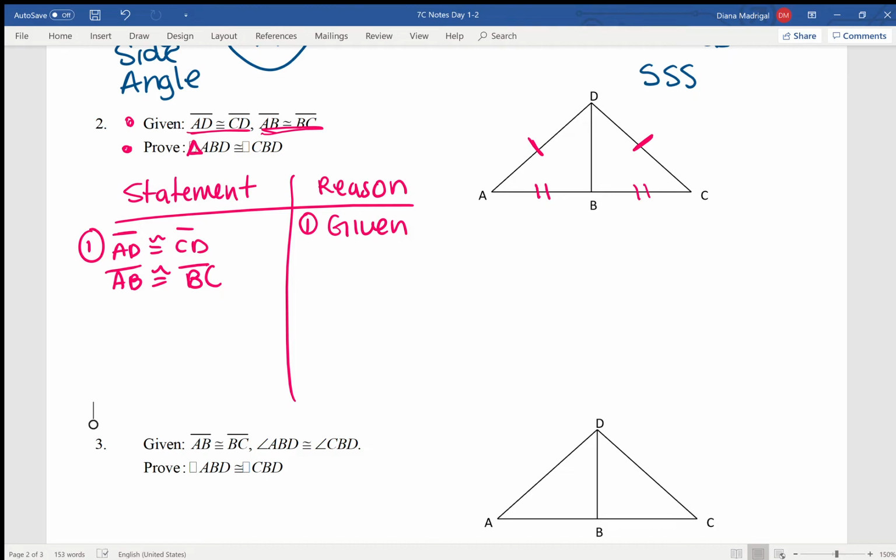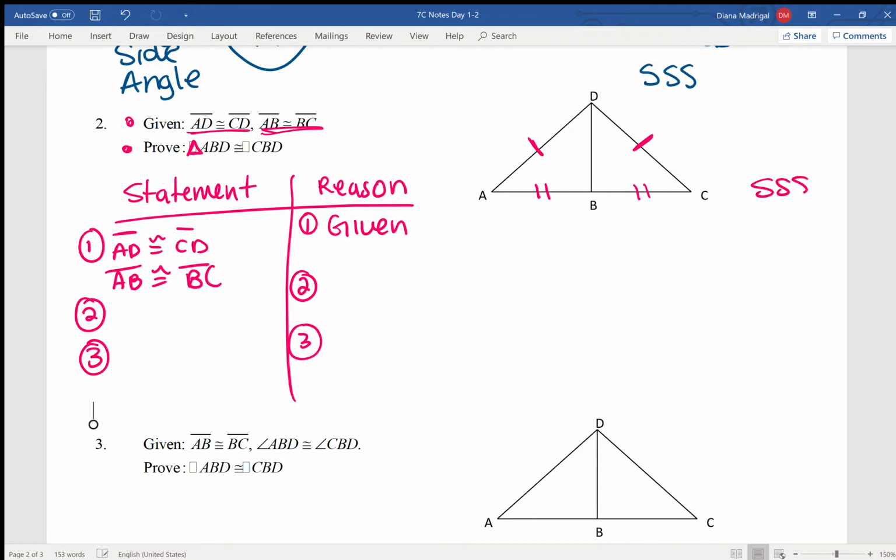All right. And this one's always going to have three statements, three reasons. What is something else? Based on the information they gave you, they're talking about sides, right? They didn't give you any of the angles. So that should be a key that you're looking for another side because we only have sides.